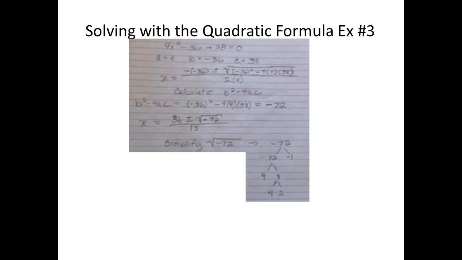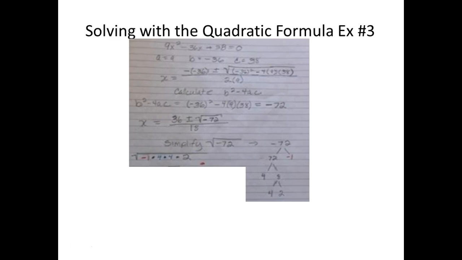Now, I didn't go all the way down to prime numbers because I know that 4 and 4 are perfect squares, so I don't need to go any further than that. But I found that negative 72 is equal to negative 1 times 4 times 4 times 2. Now, as you know, if you're simplifying a square root, anytime you find a pair of numbers, you can take them outside of the square root.